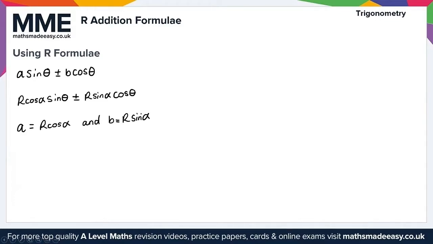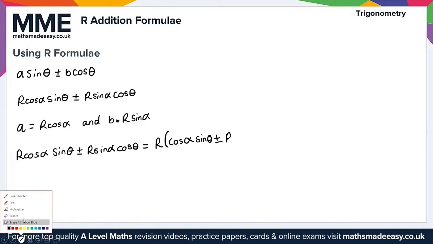Right? Well, in that case, we could write R cos alpha sine theta plus or minus R sine alpha cos theta as being equal to R, factoring the R out here, so that would be cos alpha sine theta plus or minus sine alpha cos theta.